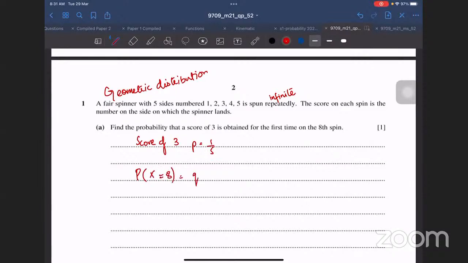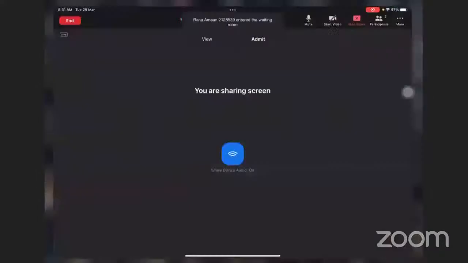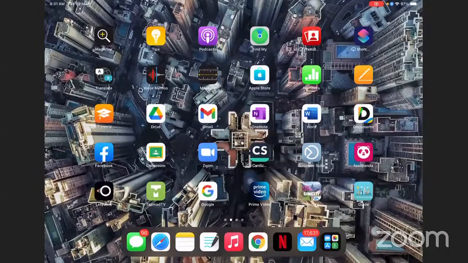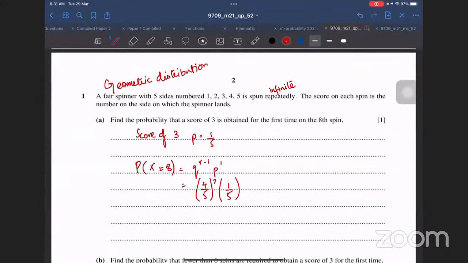So q power r minus 1, p power 1: 4/5 power 7, times 1/5. That gives me 0.0419.